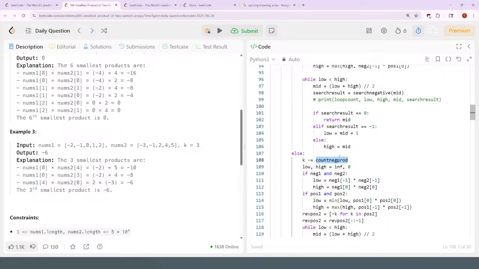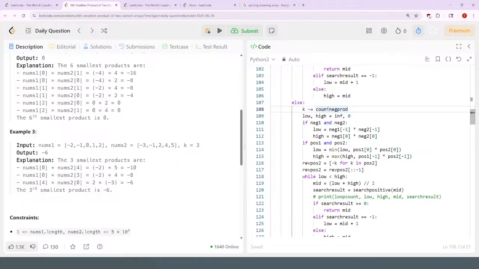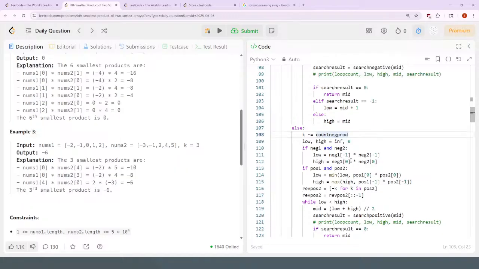So if I'm looking for the 50th product on the list, but there are 20 products that are negative, I'm going to search for the 30th positive product. So I'm going to remove 20 from 50. Do the same process to find low and high.